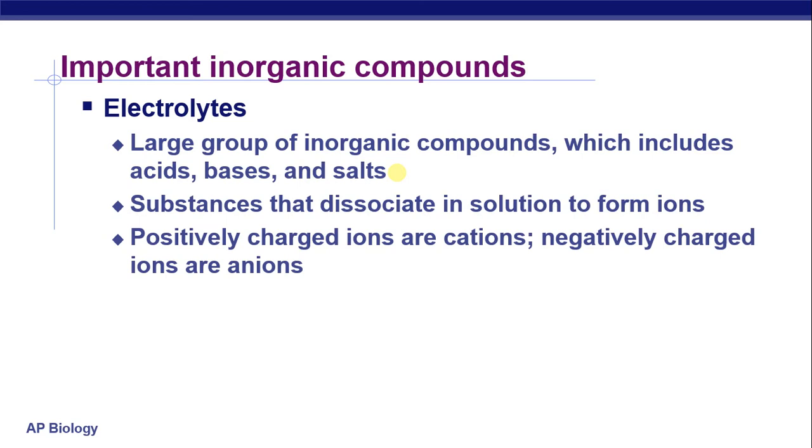Some important inorganic compounds that are necessary for life are electrolytes, so large groups of inorganic compounds like salts and bases and acids that dissociate and dissolve into solutions to form ions. Like potassium and sodium and chlorine that are dissolved as inorganic ions in your blood are important because they have important regulatory functions in living cells.